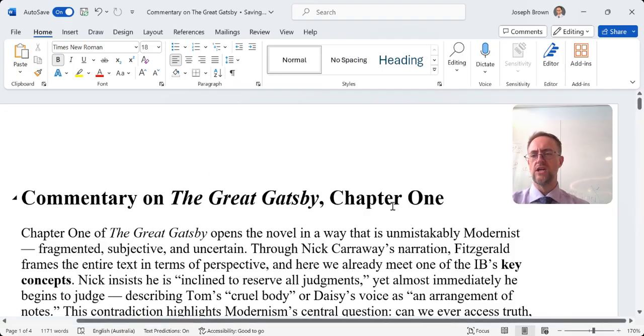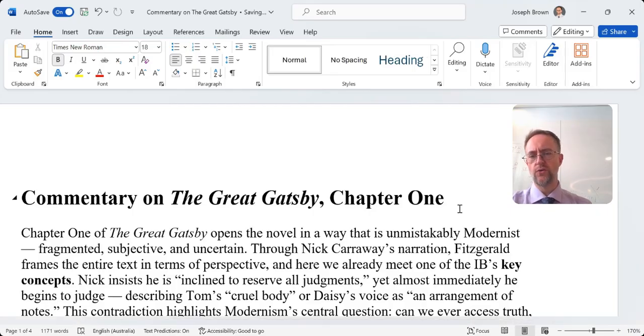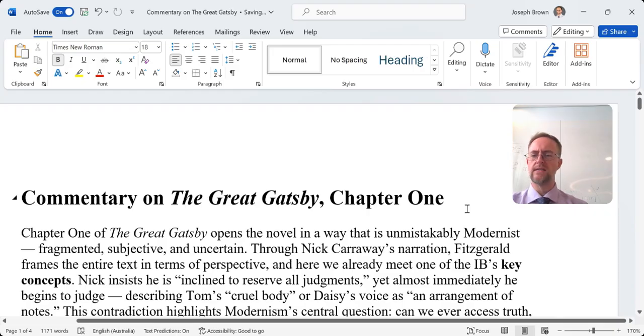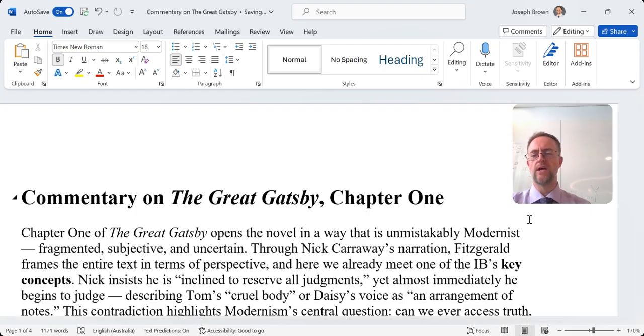This is generated through AI, and I encourage my students to use AI as a study tool to help them, but sometimes they need a bit of direction on how to do that. So today I've made a revision commentary of The Great Gatsby chapter 1, and I'm trying to model for my students how to bring all of IB English A's elements together and talk about this text at a very sophisticated level.